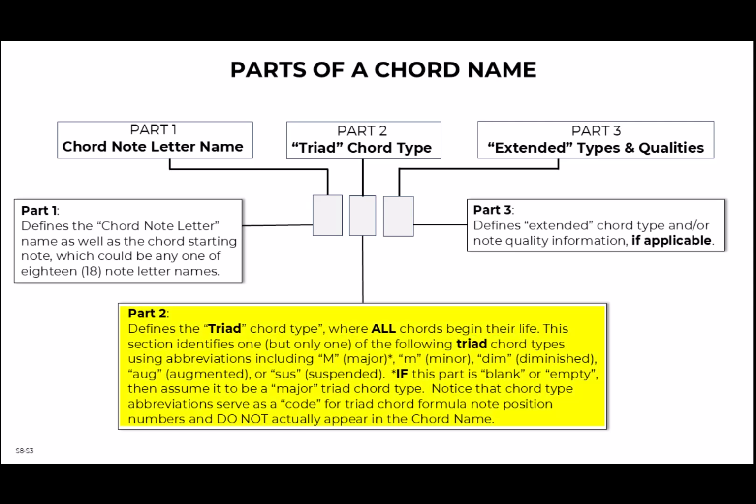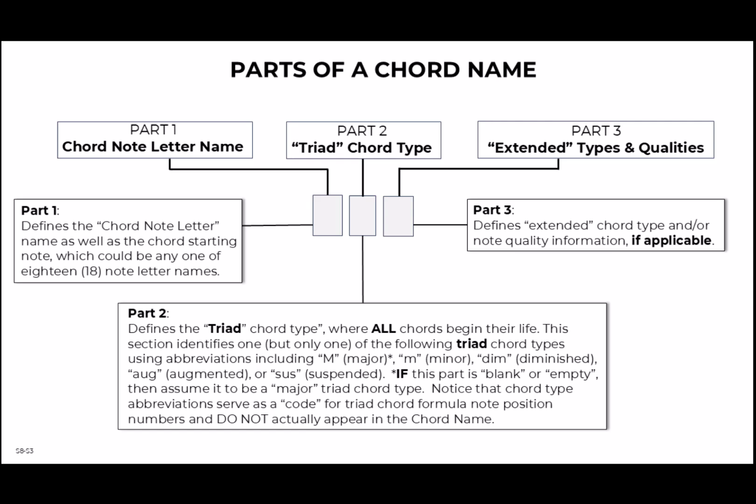This section identifies one, but only one, of the following possible triad chord types by using abbreviations including the uppercase M for a major triad, the lowercase m for minor, DIM for diminished, AUG for augmented, and SUS2 or 4 for suspended. If the second section is left empty, then always assume it to be a major triad chord.